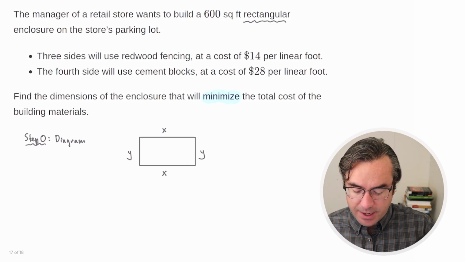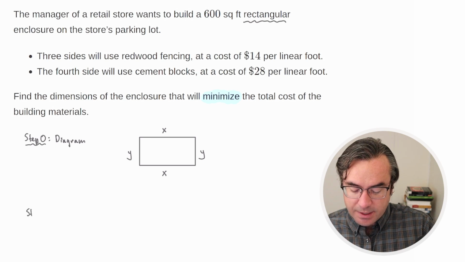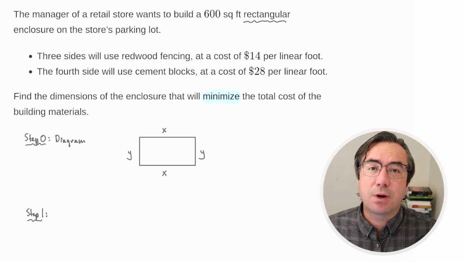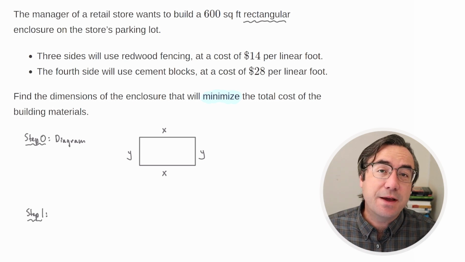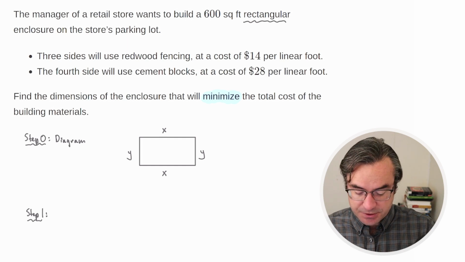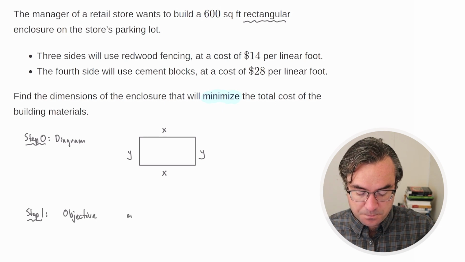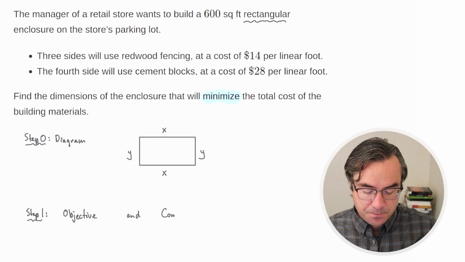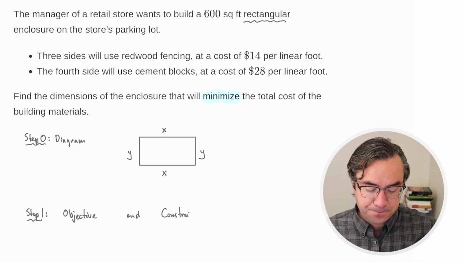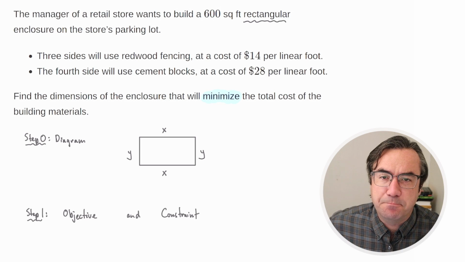So while we're doing our diagram, we want to keep in mind what step 1 is of these applied optimization problems. That is, find the objective and constraint equations. So we want both of those. All right.